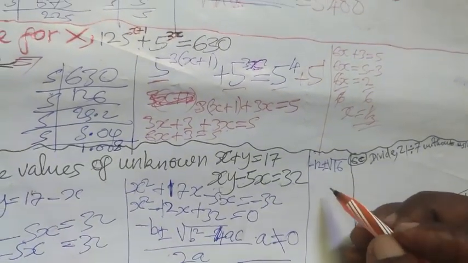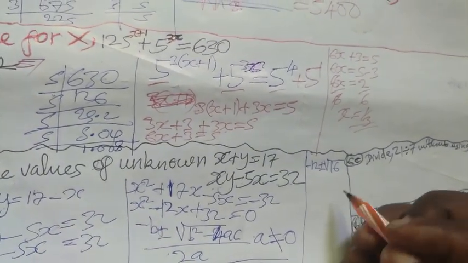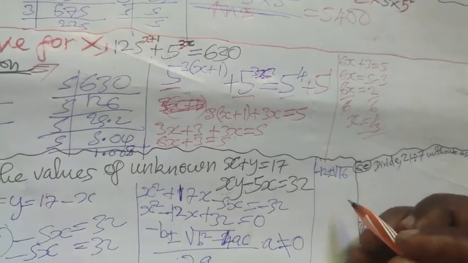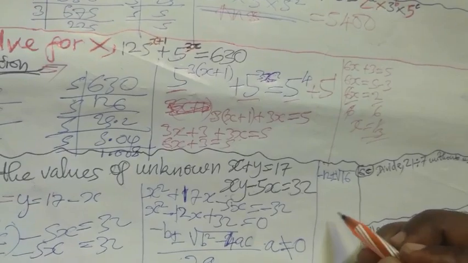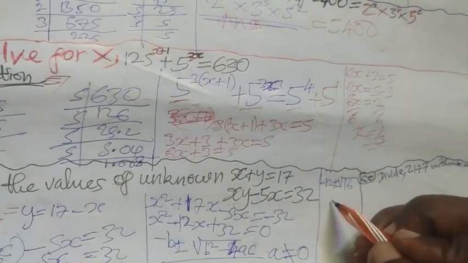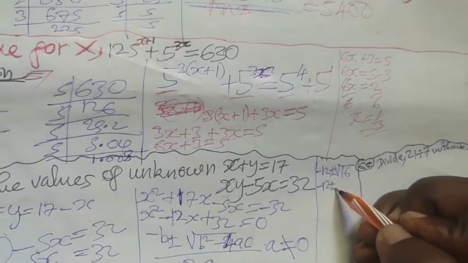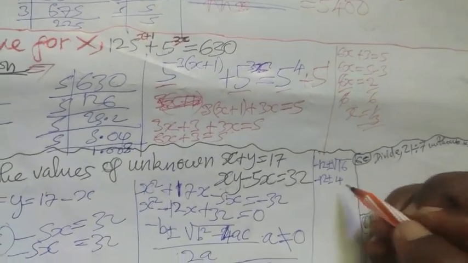Hence, the square root of 16 is 4. Hence 12 plus or minus 4.